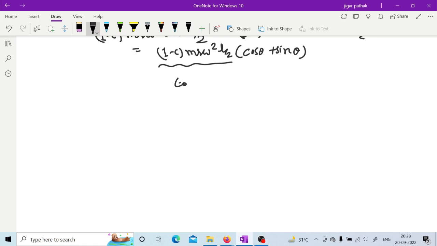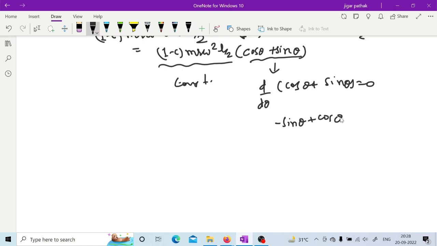So when cos theta plus sin theta becomes maximum, at that point the swaying couple is going to be maximum. So you can find minus sin theta plus cos theta is equal to 0, which will give you tan theta is equal to 1, which will give you theta equal to 45 or 225, right?